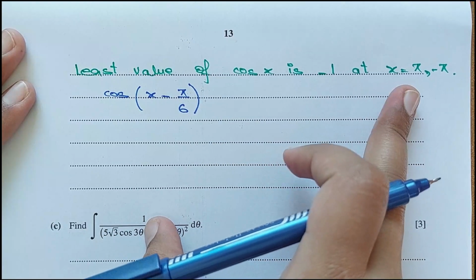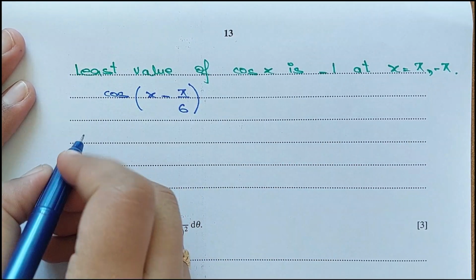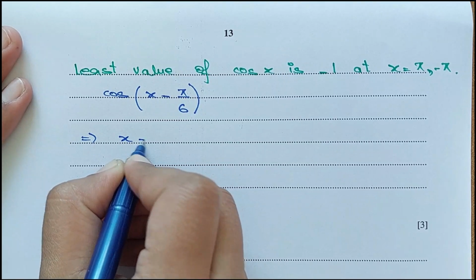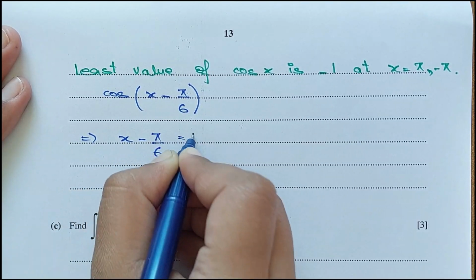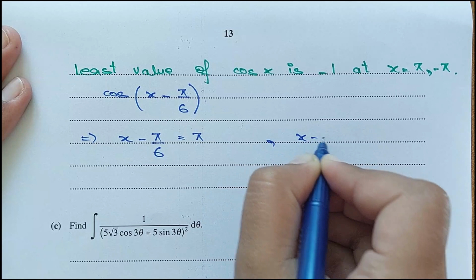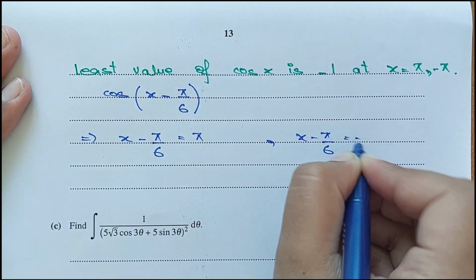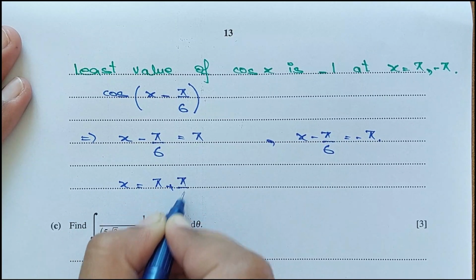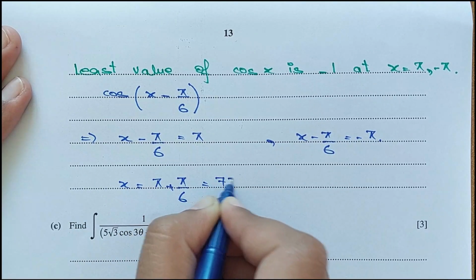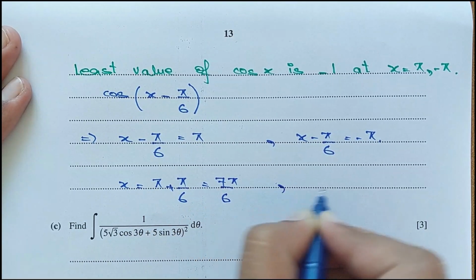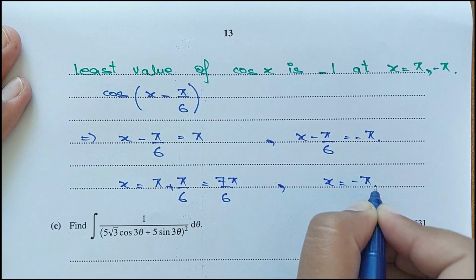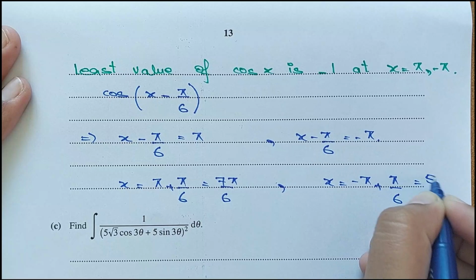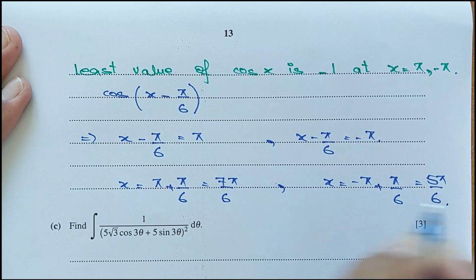So from here we can say x minus pi by 6 equals pi, and x minus pi by 6 equals minus pi. So what is x here? Pi plus pi by 6, which is 7 pi by 6, and x equals minus pi plus pi by 6, which is minus 5 pi by 6, which belongs to the domain.